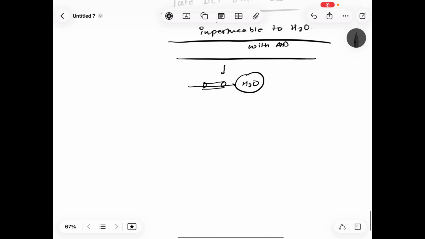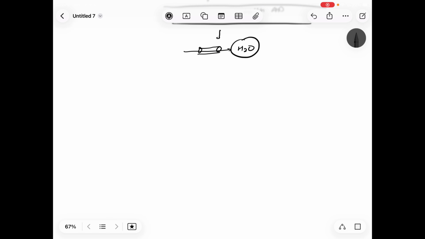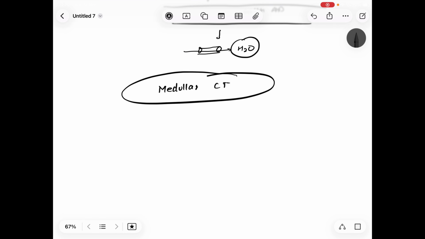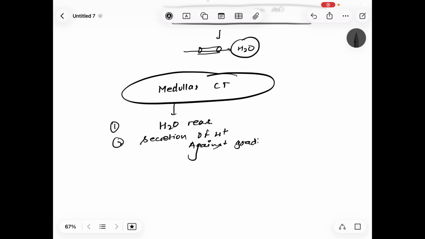Now, for completion's sake, we have one more part of the nephron, which is the medullary collecting duct. What happens in this part is H2O reabsorption, secretion of H plus against gradient, like we discussed in the cortical collecting duct, and the third one is urea transport.